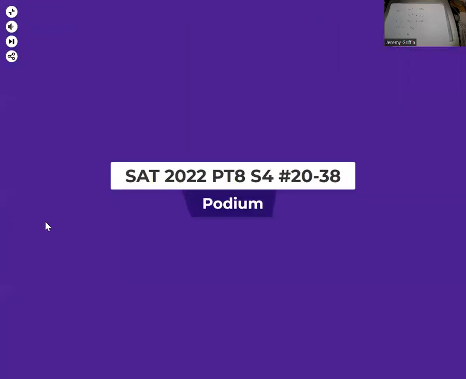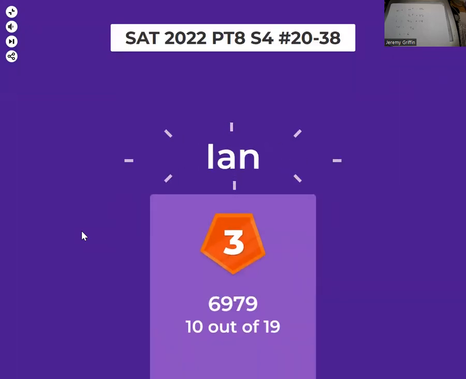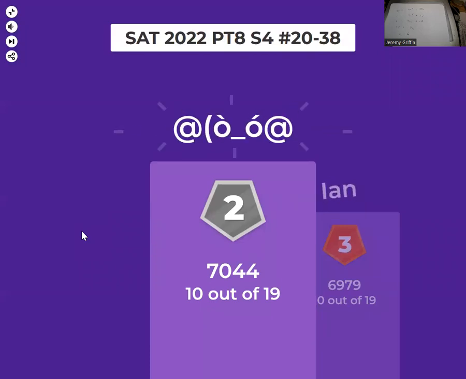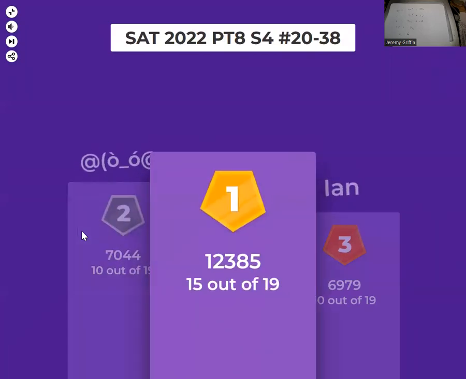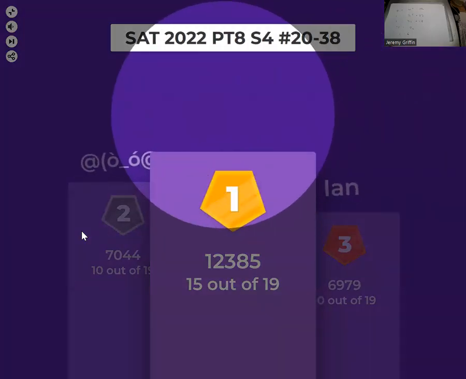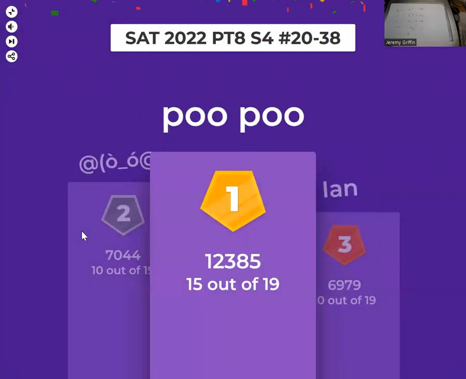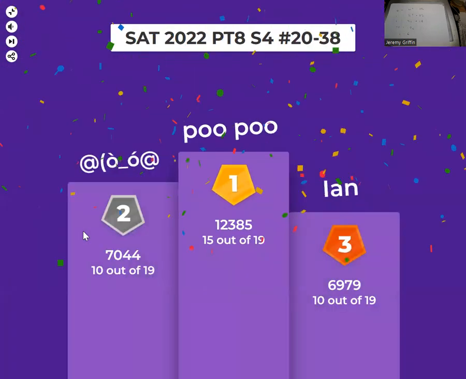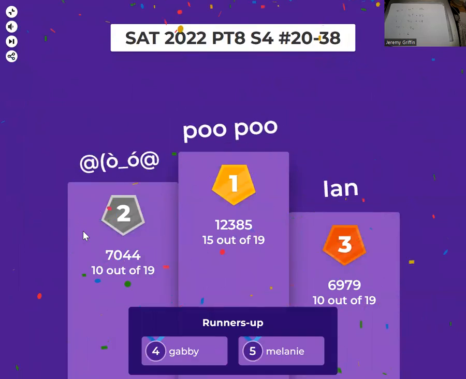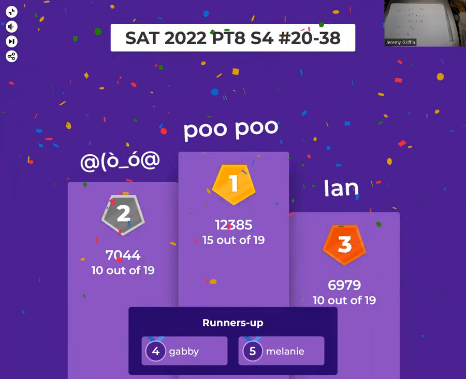Oh man. Oh, back to podium. There we go. Podium with the bronze, Ian. With the silver, Determined Snail. And the gold. And confetti dance. We got Gabby and Melanie round out top 5.